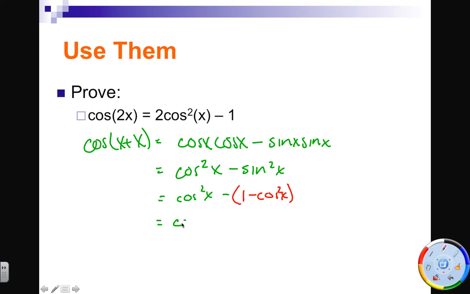Which means I then get cosine squared x minus 1 plus, because minus minus, cosine squared of x. And look at there, I get 2 cosine squared x minus 1. Oh, look, there we go, we proved it.